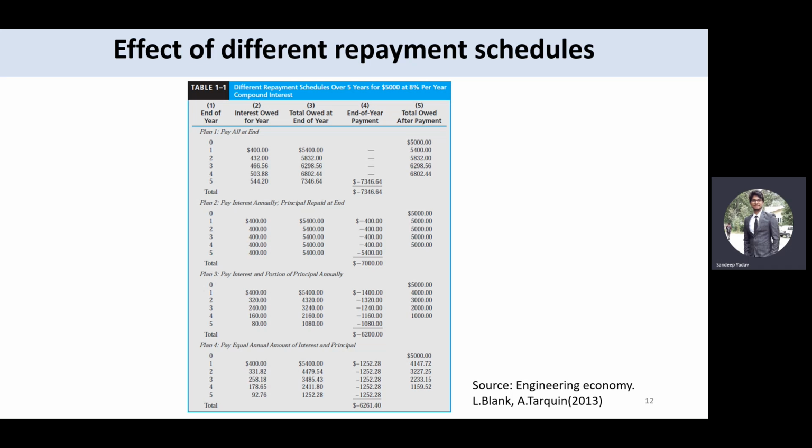You paid, and in year 2, if you calculate the interest, that will be 4,000 multiplied by 8%, that will be $320 only. Now the amount you owe will be $4,320, and out of that you will pay $1,320, and the remaining amount will be $3,000.